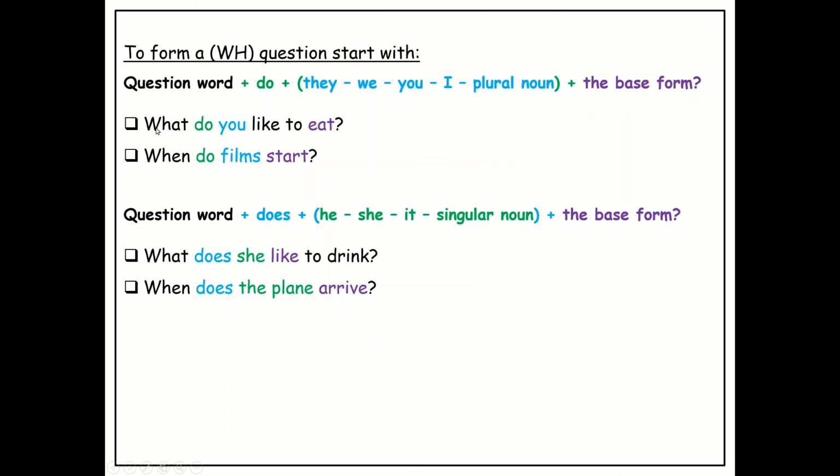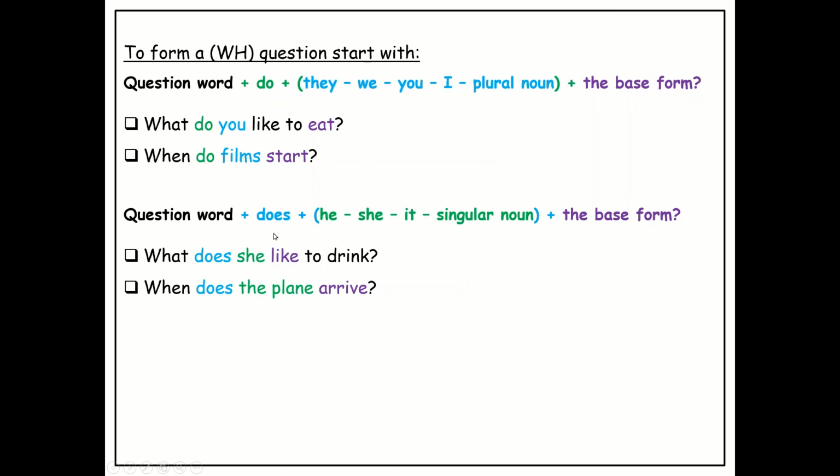So first, what do you like to eat? When do films start? So first we have the question word plus do plus the subject, and then we have the infinitive or the base form of the verb.